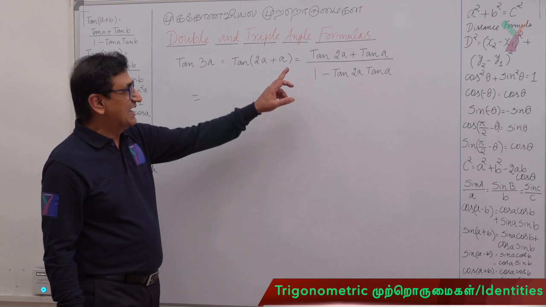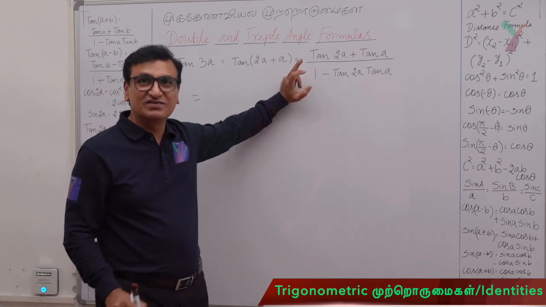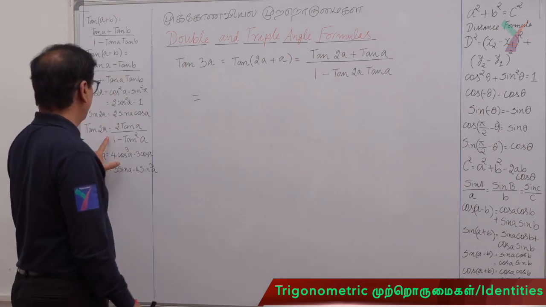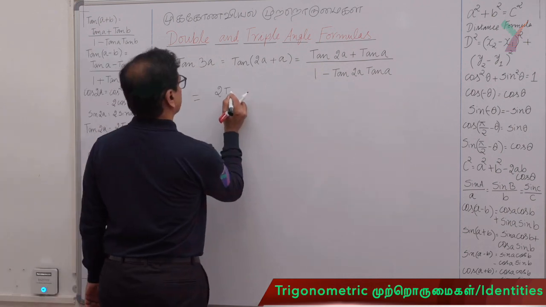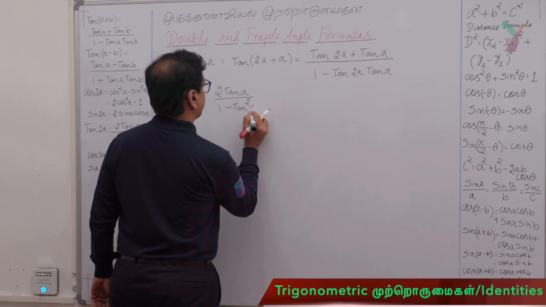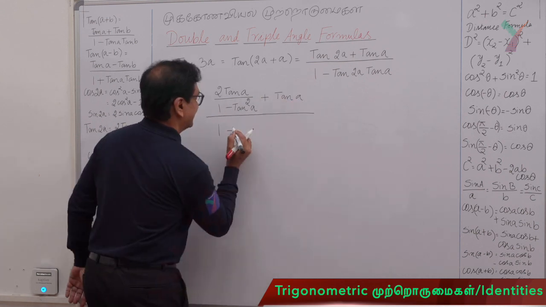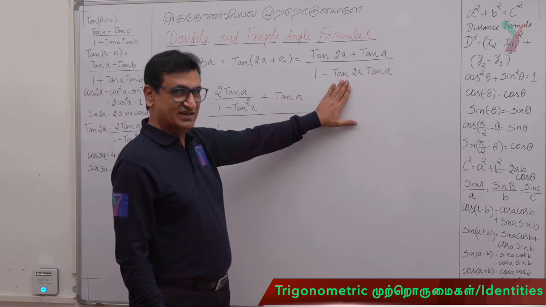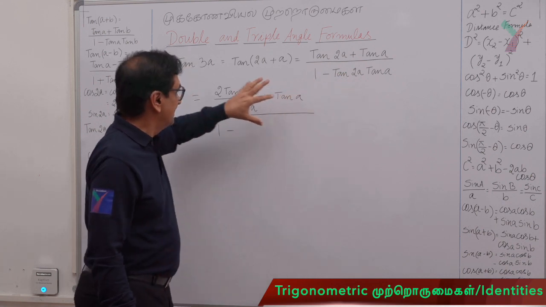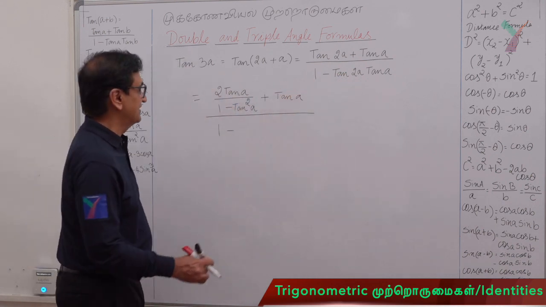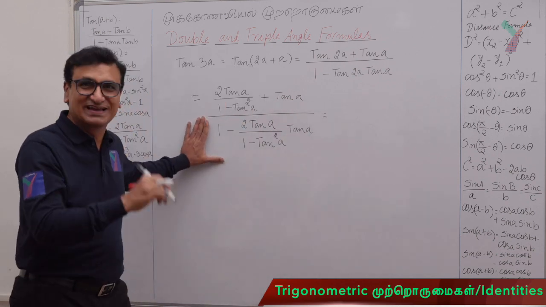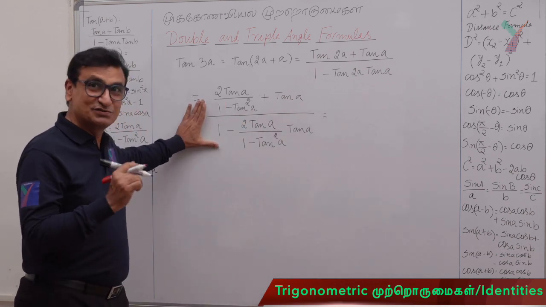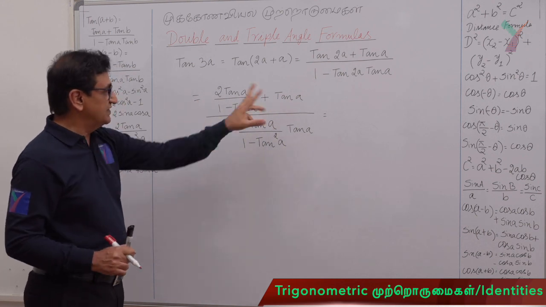Then again I have to replace tan 2A with another formula. Tan 2A is 2 tan A divided by 1 minus tan square A. Again, I have tan 2A here, so I have to replace this with another replacement. Correct? Looks very complicated. இல்ல இதையே நம்ம இப்போ simplify பண்ணணும். You see the numerator.